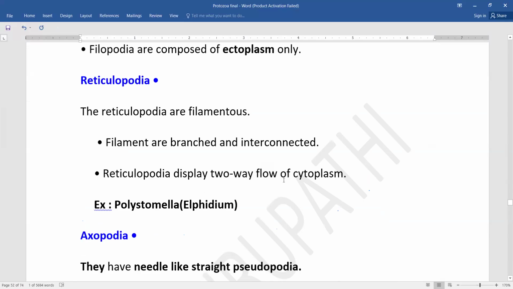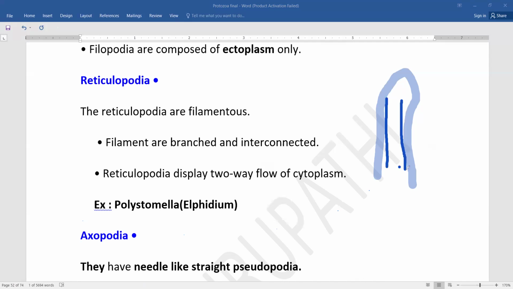Reticulopodia display two-way flow of cytoplasm. I'll draw the diagram. Suppose this is a small part of a reticulopodium. In it the cytoplasm moves in one direction like this, and in another direction the cytoplasm moves in reverse, like this. So it is a two-way flow. This is not important, waste of time. Anyway, so that is about the reticulopodia.